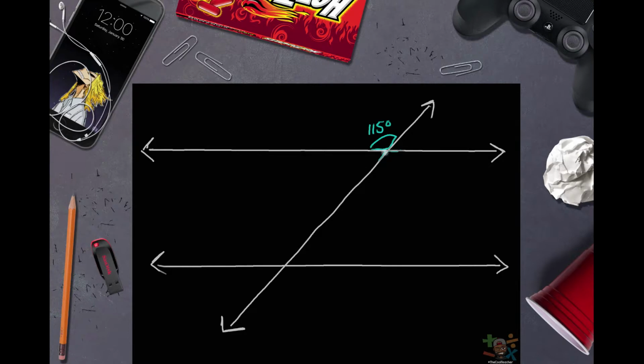You can kind of trace these shapes, and if it makes an X, then you're good. Because if I do this, that's not an X. So this is vertical to it, so this will be the other congruent angle.